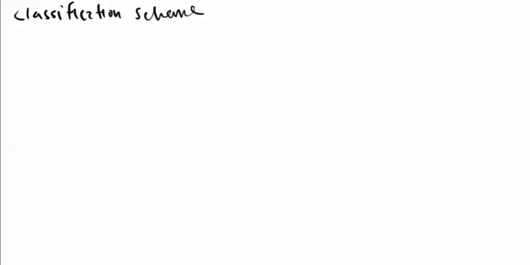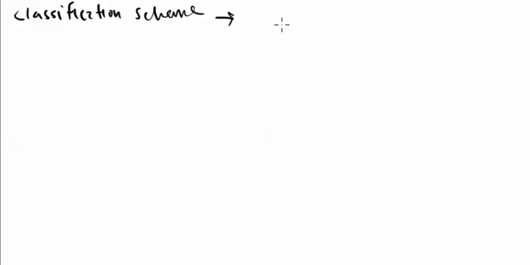So, welcome back to the world of carbohydrates. And in this video, we're going to continue with our classification scheme that we started to discuss in the previous video. So, basically, to bring you up to par at this point in time, we have classified carbohydrates in a number of ways.